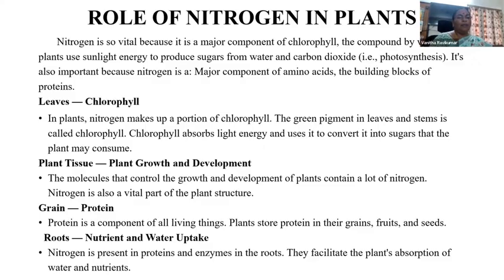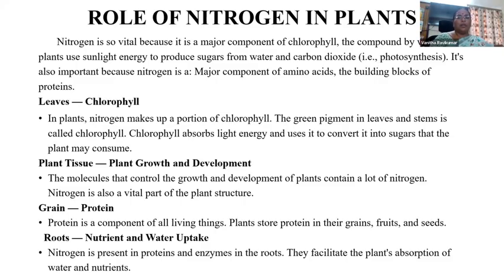And then plant growth and development: plant tissues need nitrogen. The growth and development of the plant contains a lot of nitrogen. Nitrogen is a vital part of plant structure. It is also used for grains in the form of protein. Protein is the main component for all living things.